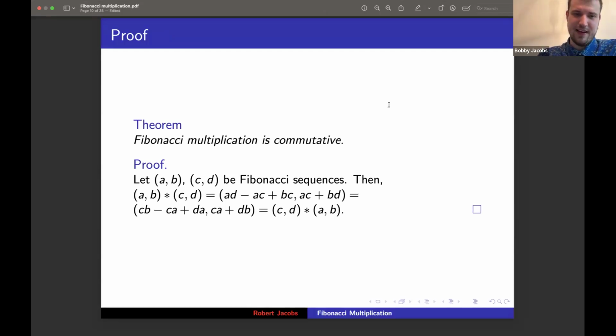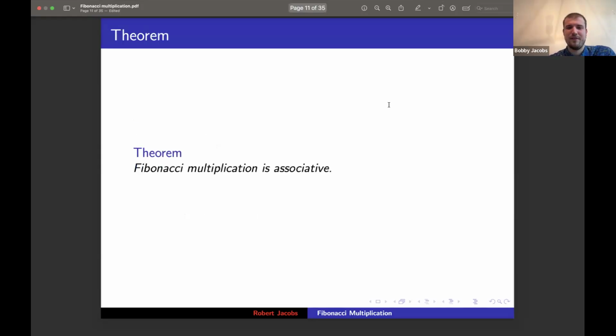Then (A,B) times (C,D) is (AD minus AC plus BC, AC plus BD), which is (CB minus CA plus DA, CA plus DB), which is (C,D) times (A,B). Therefore, it is commutative.